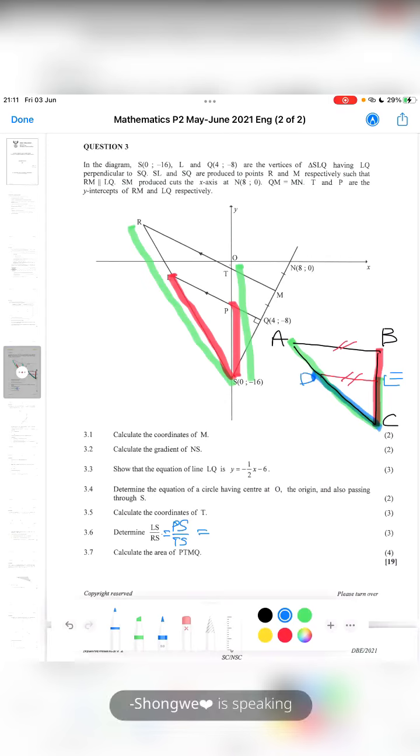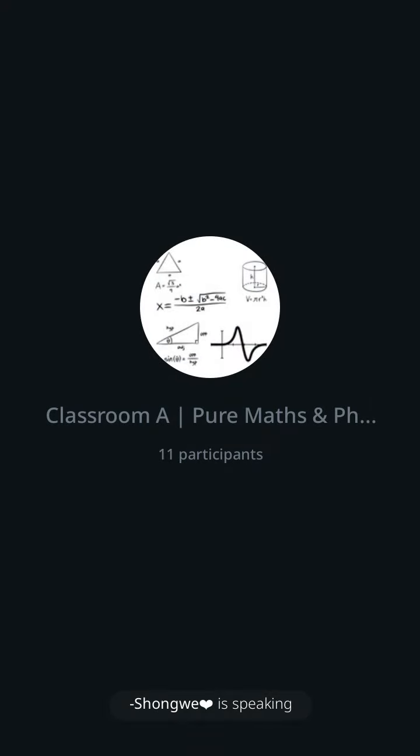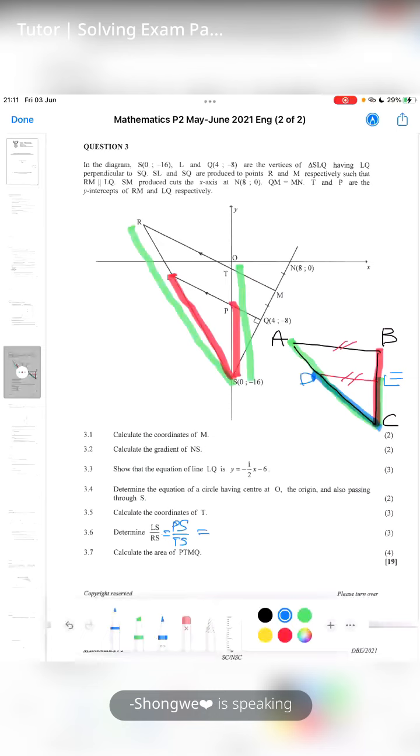So remember in 3.3, we were showing that LQ is the equation of line LQ. It's y is equal to negative 1 over 2x minus 6.